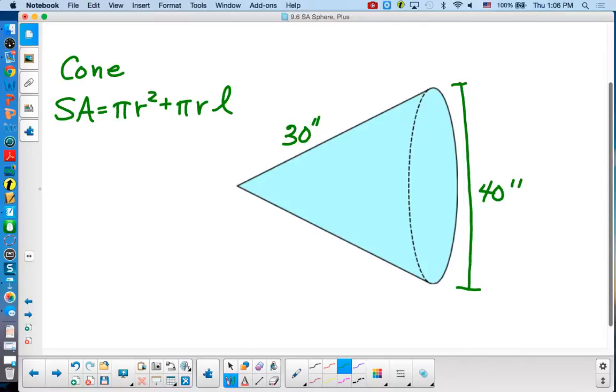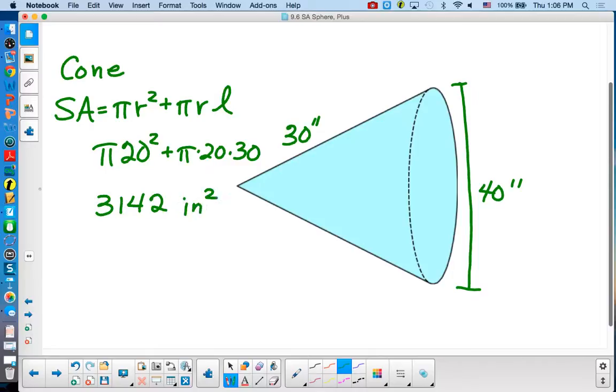Pi times, what was the radius? 20. So pi times 20 squared plus pi times 20 times 30. And I get 3,142? Yes. Round up. 3,142 square inches. Have you got that one right?